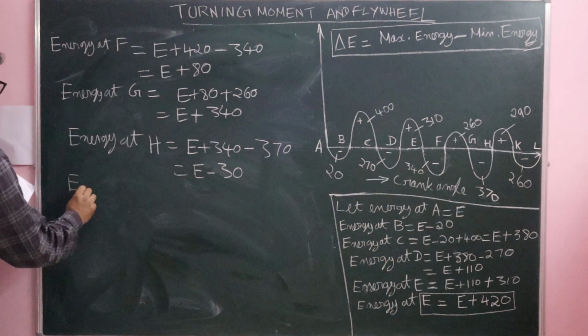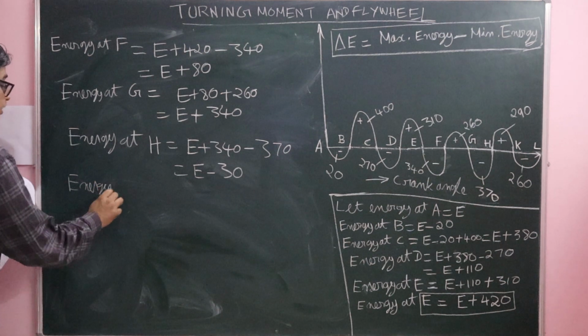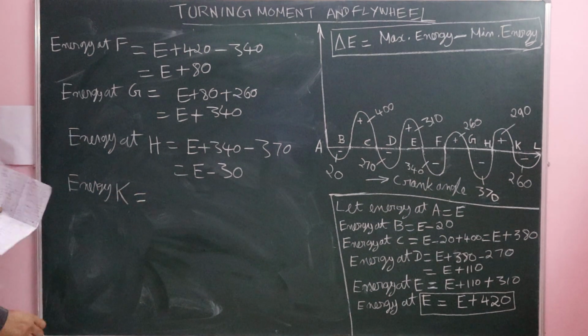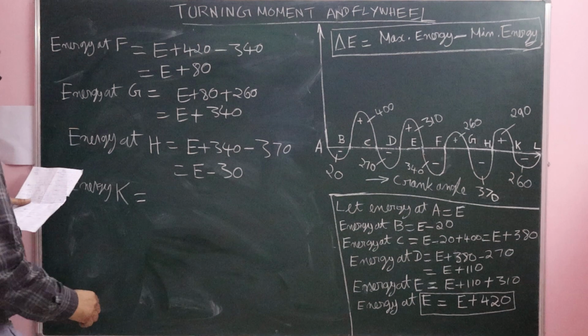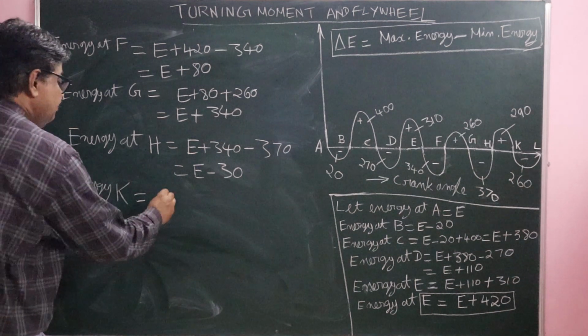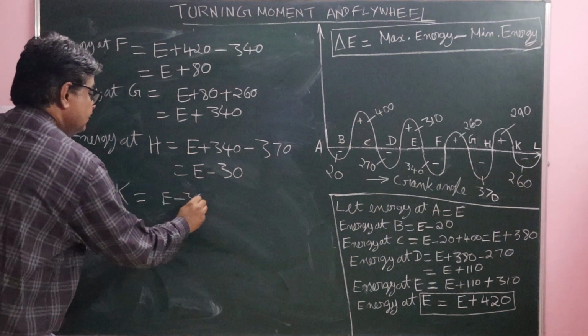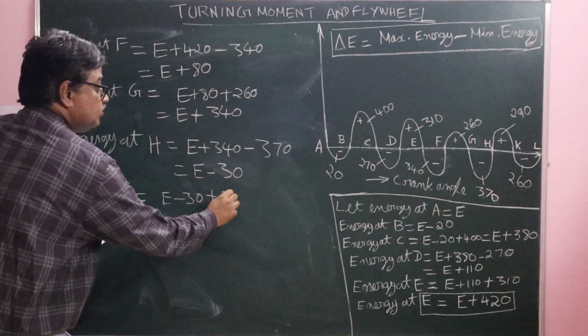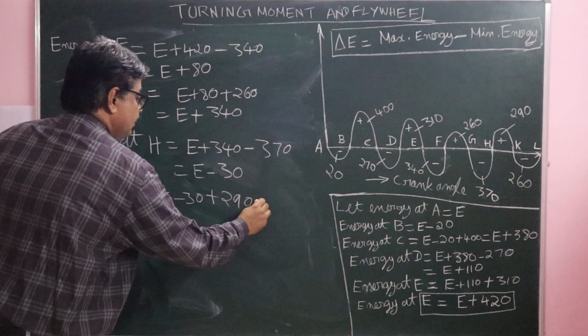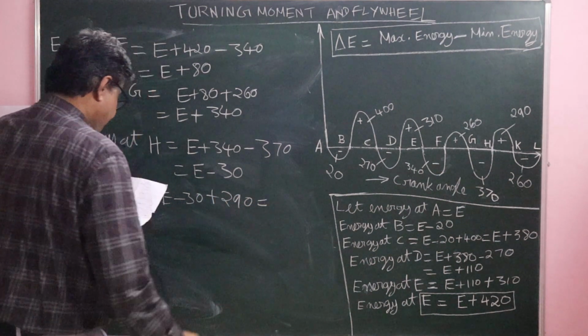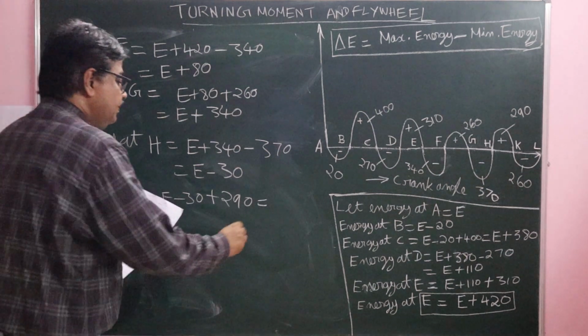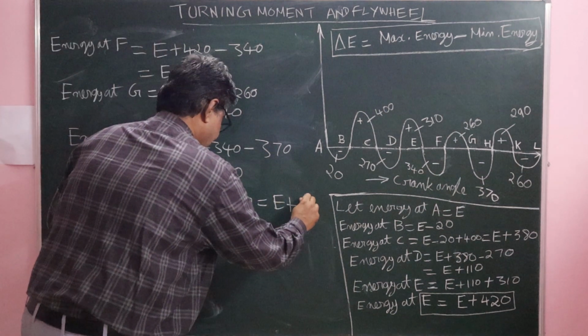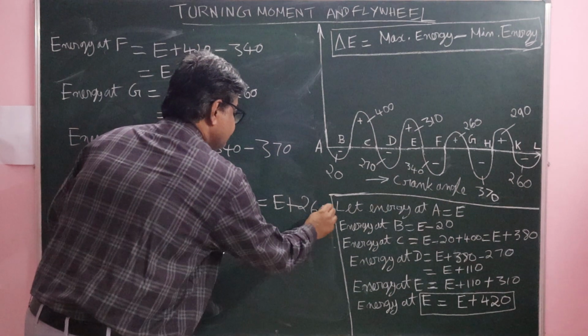Energy at K is E minus 30 plus 290, it becomes E plus 260.